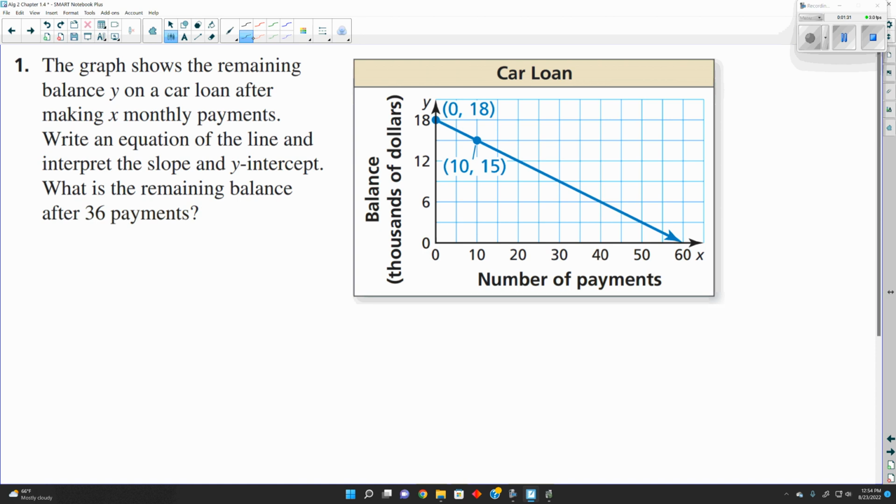Well, normally we use 2 points because we can use 2 points to find the slope. And slope is just rise over run. The change in y over the change in x is really all we're calculating when we calculate slope.